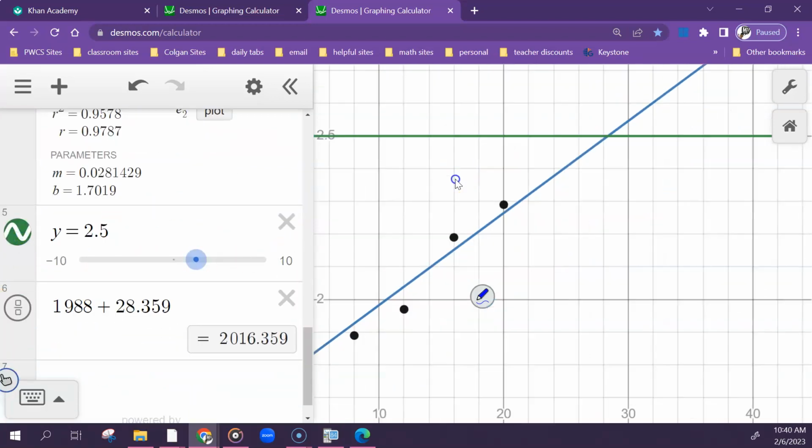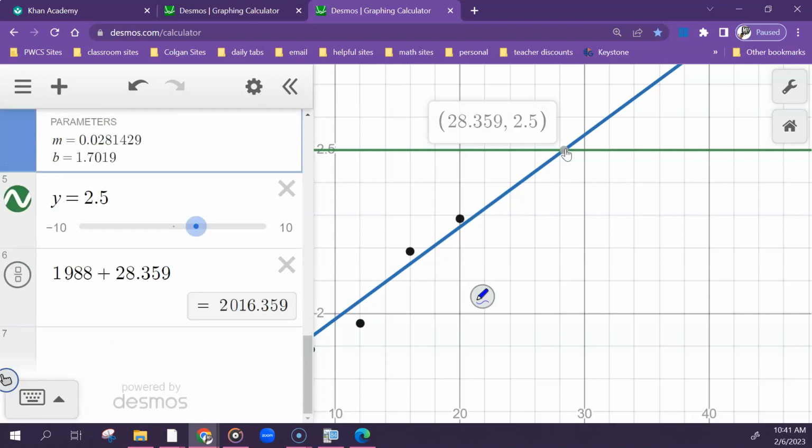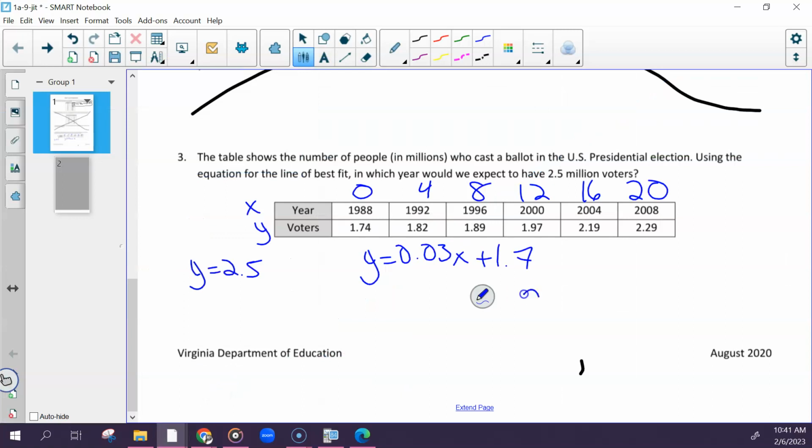And see where those two intersect. However, 28.359 is not the answer to our problem because it's asking for what year. So we would take that and add it to the original year to get 2016. So 2016 was our answer. Questions on that?